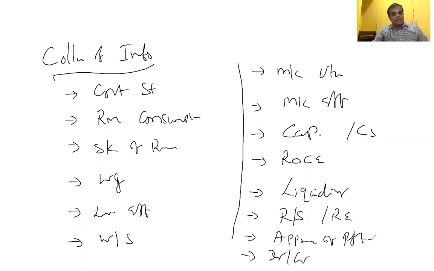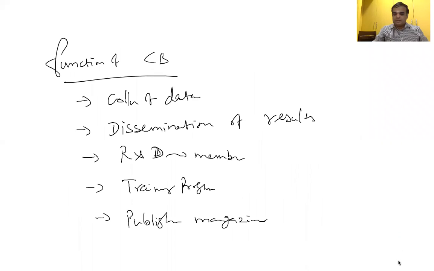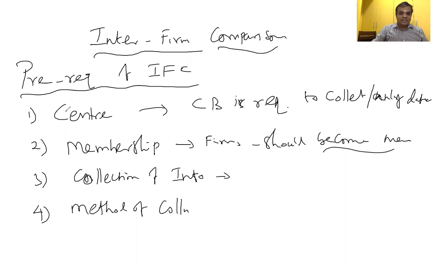So these are all the information they are supposed to collect. So the first one is a center for comparison, then membership, collection of information, and the last one is method of collection.